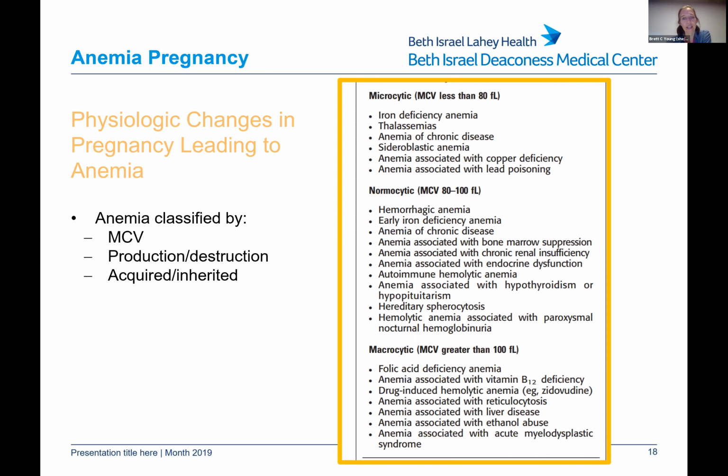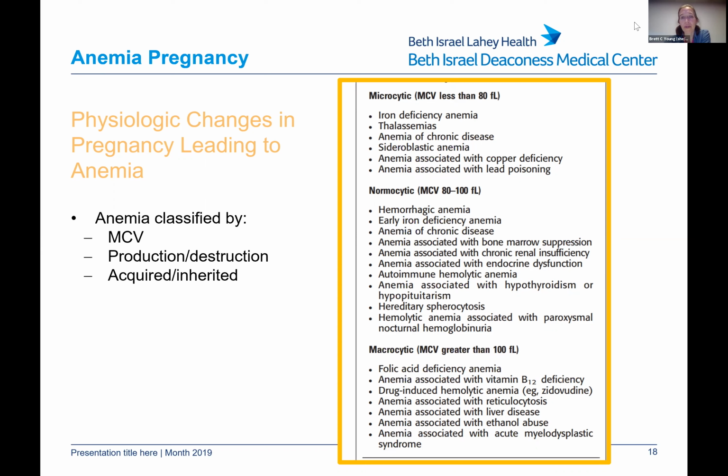I most commonly use MCV to classify anemias. So microcytic anemia, the most common etiology is iron deficiency anemia, which we're going to focus in on today. Thalassemias, sometimes we'll see in the setting of anemia of chronic disease, and occasionally lead poisoning, although I've actually never seen that in practice, and I've never seen copper deficiency either.